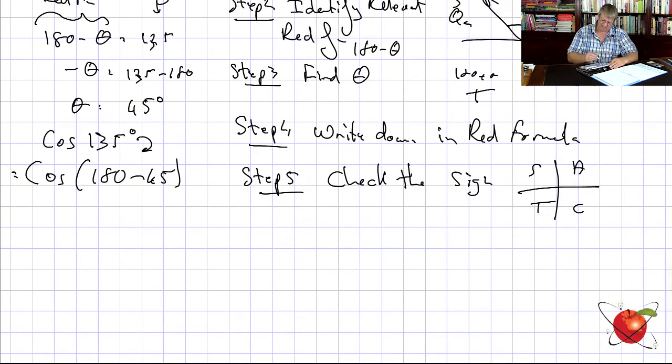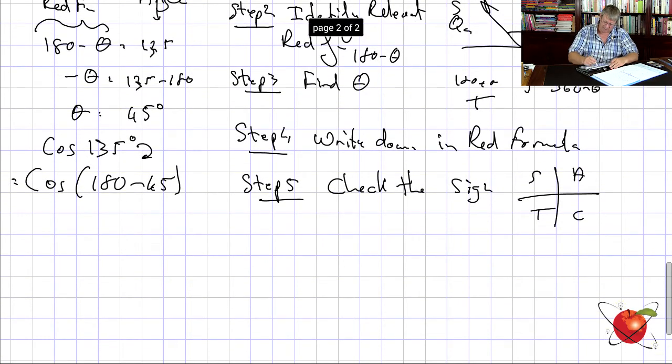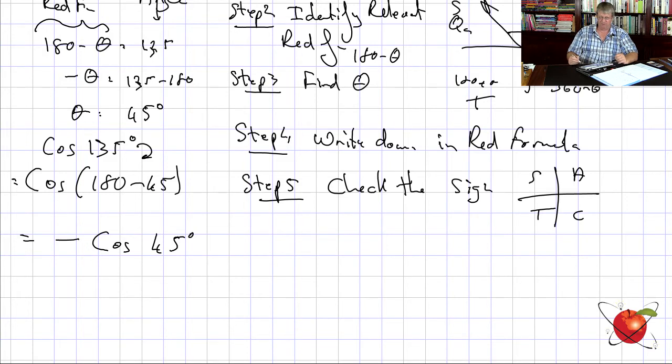So now I can say, right, that is then going to be equal to minus cos of 45 degrees. So we've reduced it, checked the sign, and it's minus in there, and it becomes just the cos of that angle over there. We'll do some examples in a few moments. But you can see what we're doing here. We are just reducing it down to always the acute angle.